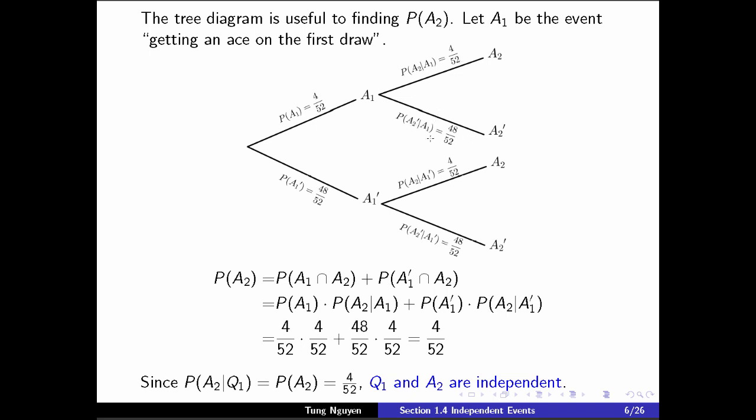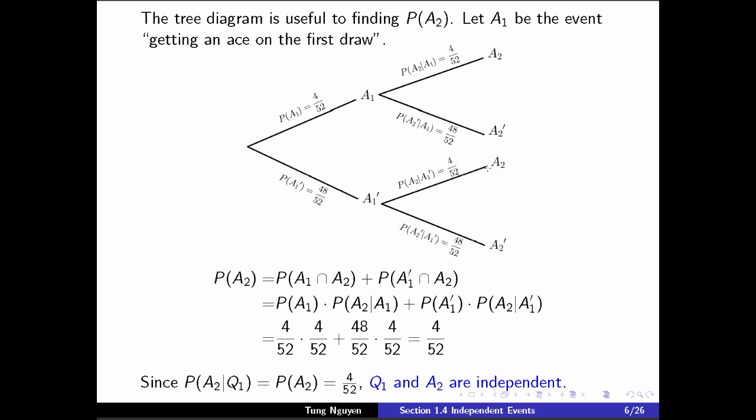And the other probability, A2 prime, remember A2 prime is the complement of A2, which means it's not an ace card, given A1 is 48 over 52. So similarly, we can fill in these two branches. This will be no ace here.